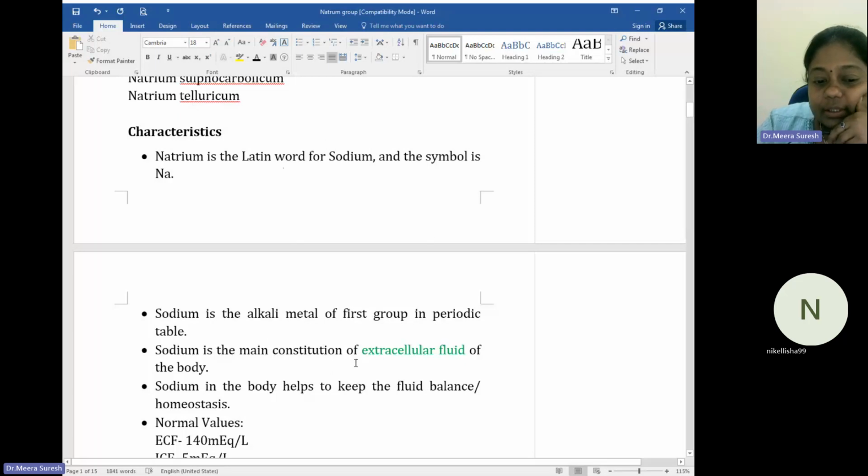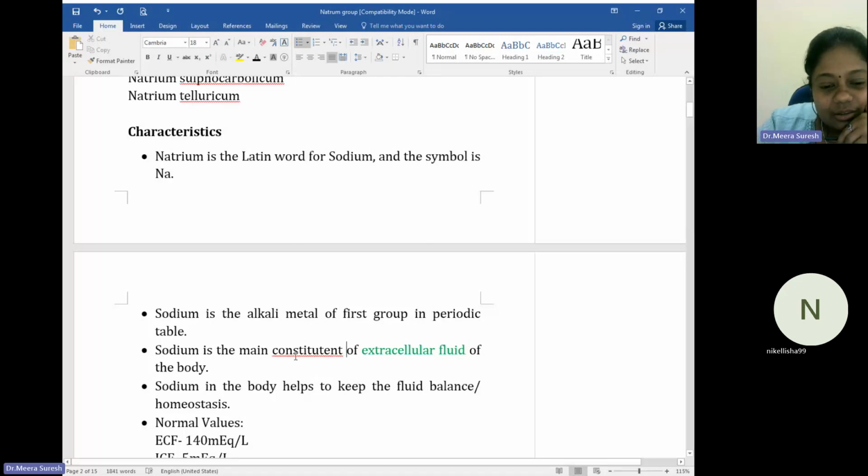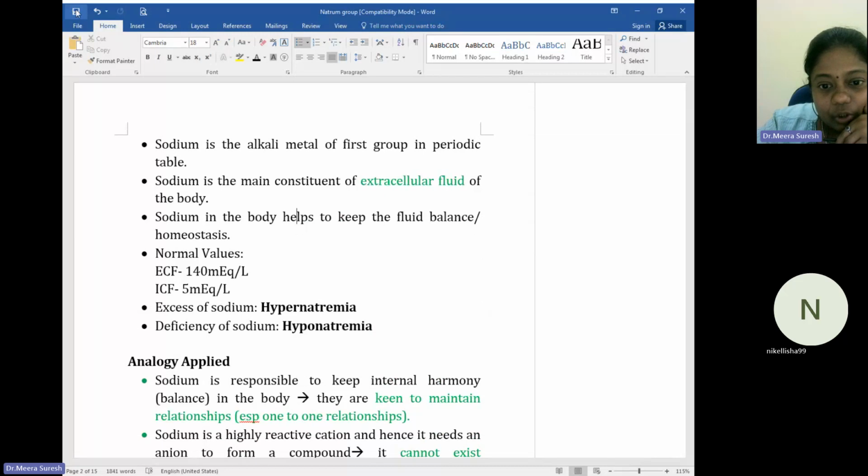Now, sodium is the main constituent of extracellular fluid. Yesterday we saw that potassium is the main important one in the intracellular fluid, and sodium is actually extracellular.